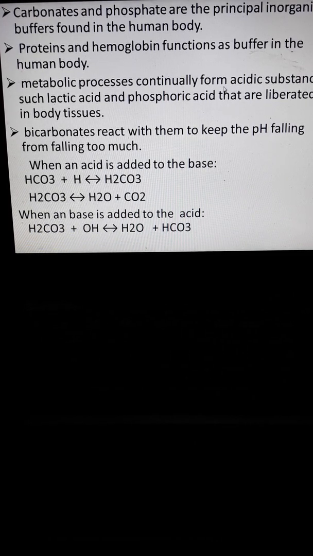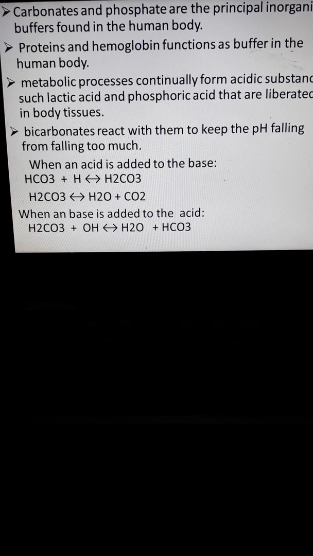Metabolic processes continually form acidic substances like lactic acid and phosphoric acid that are liberated in the body's tissues. Usually these acidic substances are metabolized and excreted from the body.